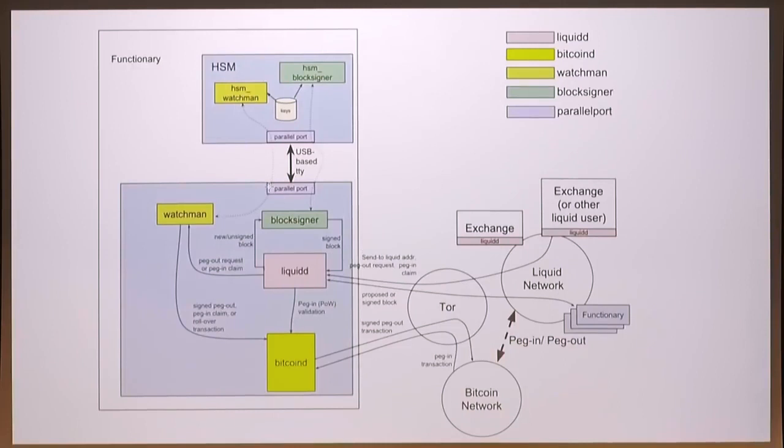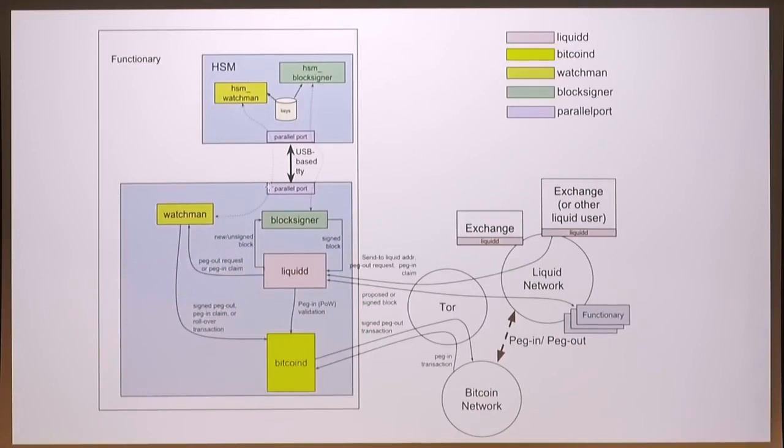And there's another process, watchman, which is similar, but it's for the pegouts. So they look at the pegout transactions in Liquid, and then they create the transaction that is going to be the pegout transaction in the Bitcoin chain, and they all sign it for you, so that you can get the funds.